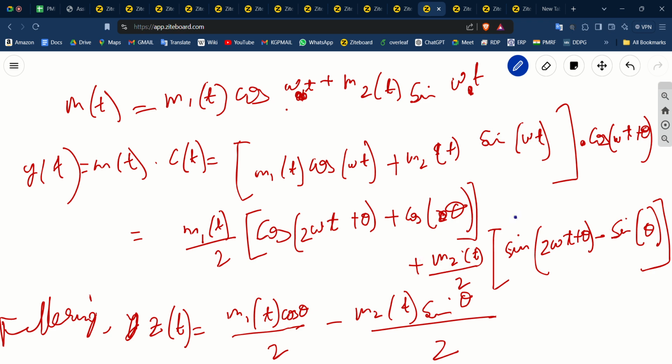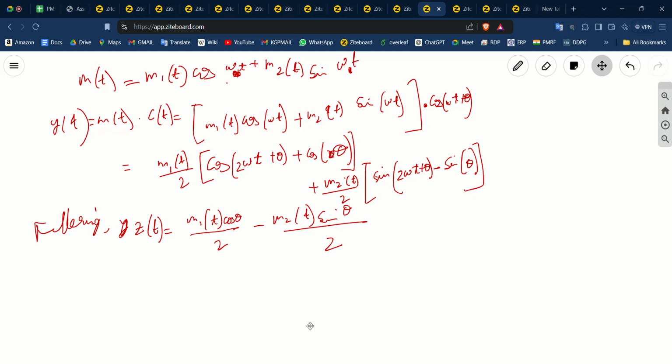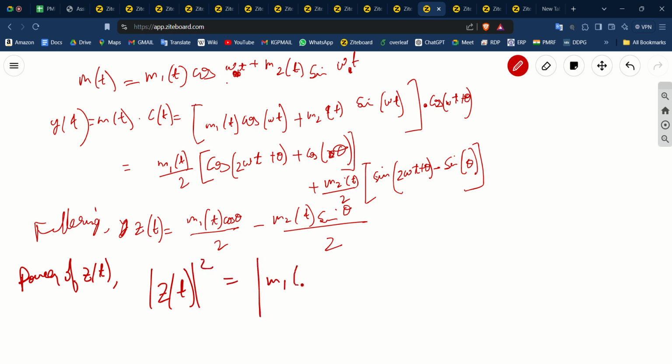Now the power of this thing is mod z(t) squared, equal to mod of m1(t) cos theta by 2, whole squared. This will be one square term. Another square term will be m2(t) sin theta by 2 squared.